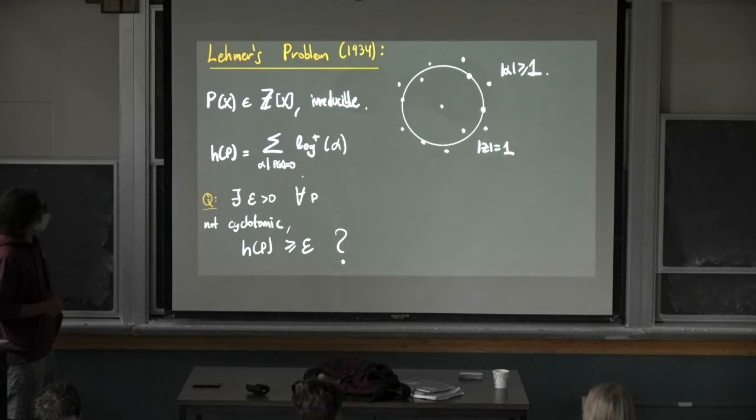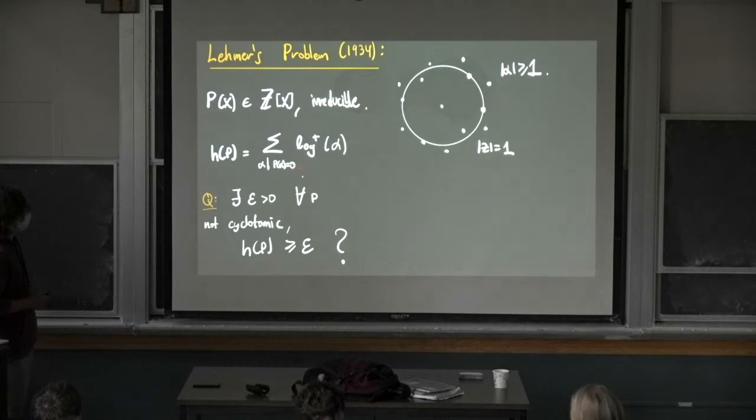Here I wrote it in a bit of a different way by taking logs. This thing that I defined here, log plus, is just, if the number in absolute value is greater than 1, the log of the absolute value, and if not, it is equal to 0.